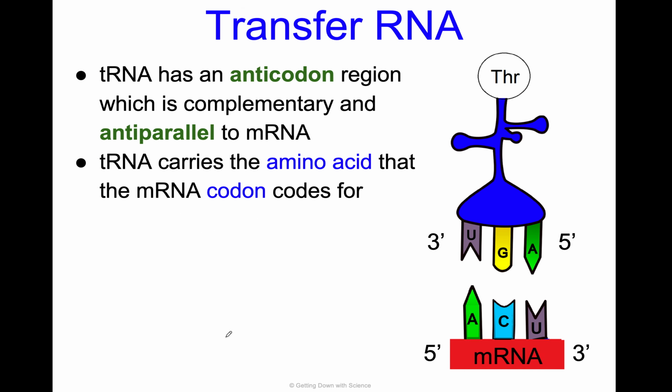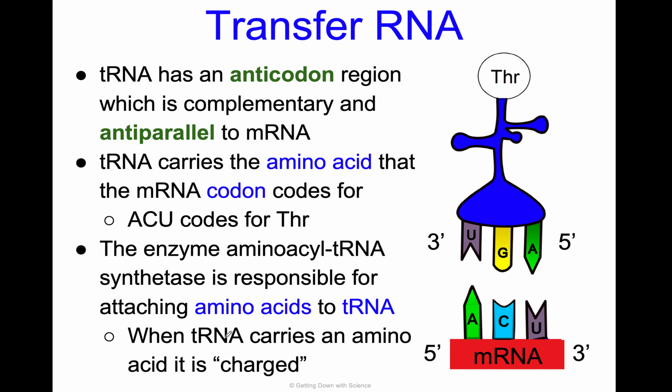As I was mentioning earlier, it has an anticodon region that is complementary and anti-parallel to the mRNA. So you can see the 3' and the 5'. But more importantly here, you have the uracil that matches with the adenine, the guanine matches with the cytosine, and adenine matches with the uracil here.